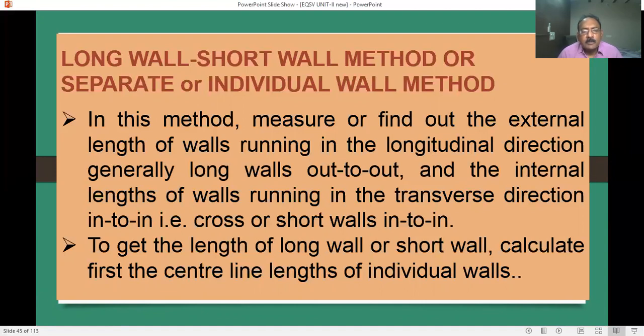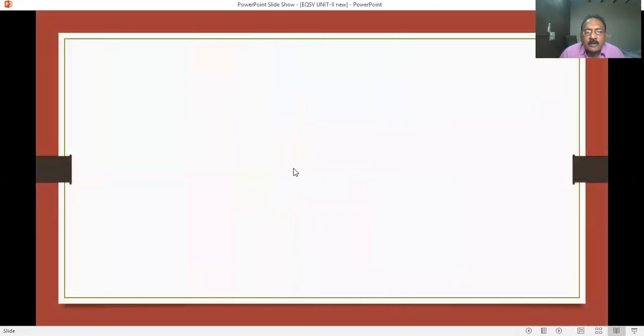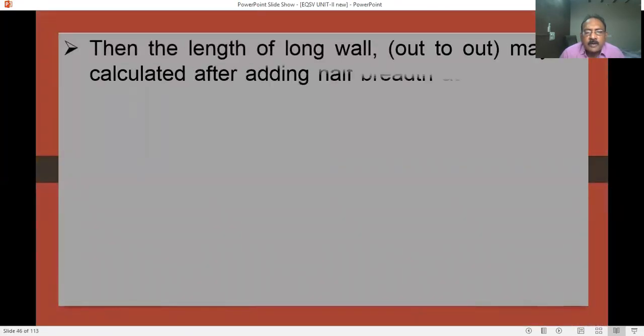So in this method, measure or find out the external length of walls running in the longitudinal direction, generally long walls, out to out, and the internal walls running in the transverse direction, in to in, or cross or short walls, in to in. To get the length of long wall or short wall, calculate first the center line lengths of the individual wall. First we have to calculate the center line length. How to calculate? I will show you with an example, one figure.